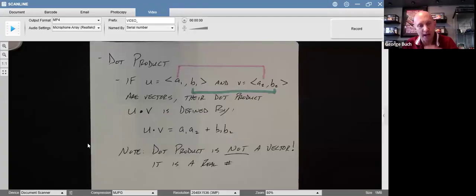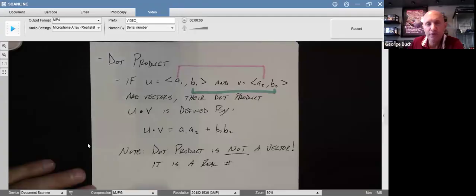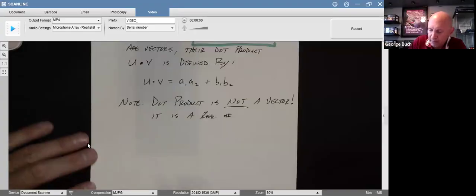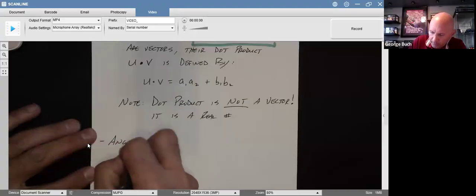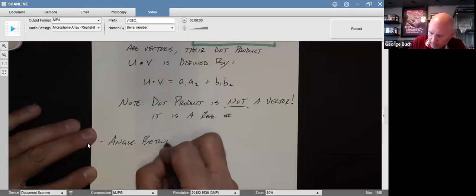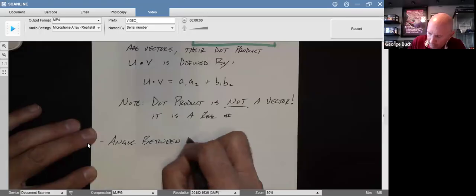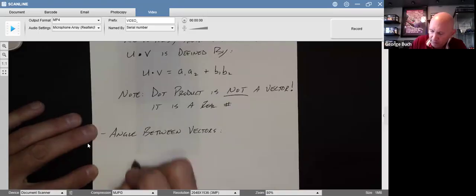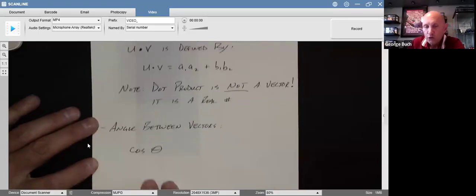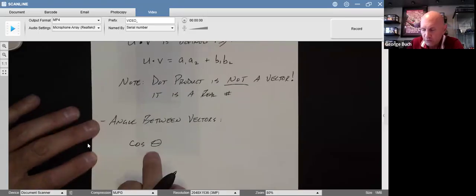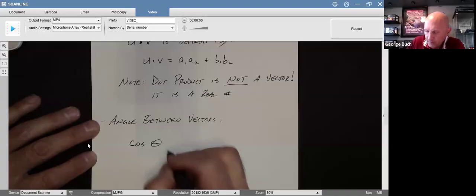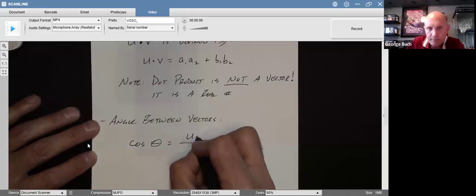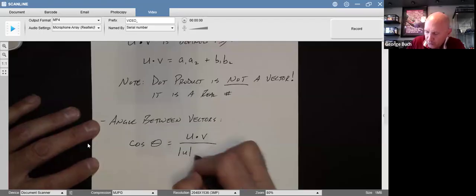We can use this dot product if we have two vectors and we want to know the angle between. So if I want the angle between vectors, I have the following. This is where we have to be careful. Cosine of theta. So if theta is the angle between, then cosine of that theta is the dot product u dot v divided by the magnitude of u times the magnitude of v.